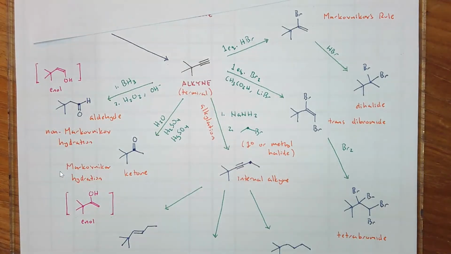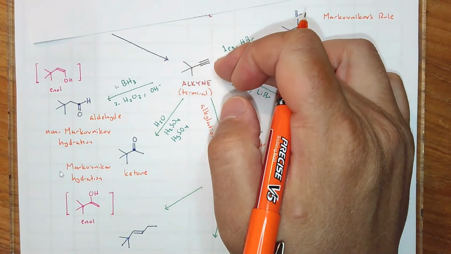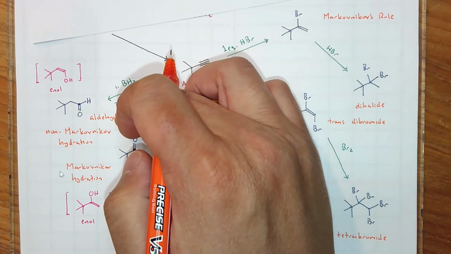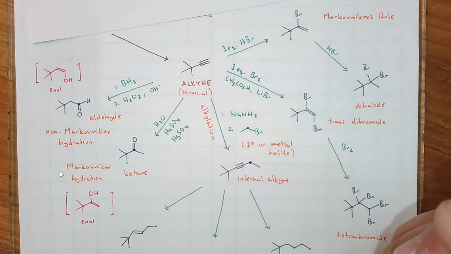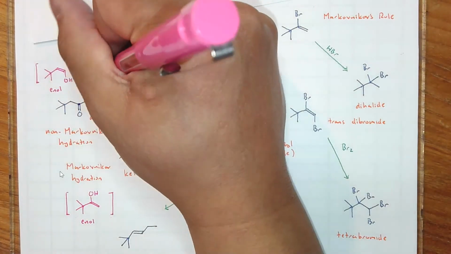When you have a terminal alkyne, you can choose how to make an aldehyde or a ketone by choosing the appropriate reagents. Now, one last note, let me put it here.